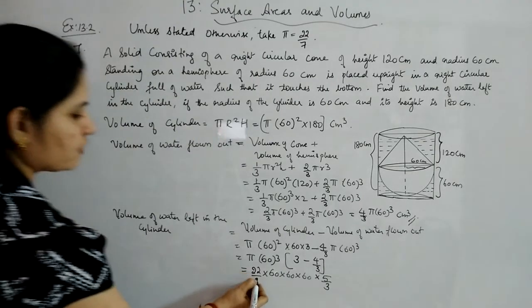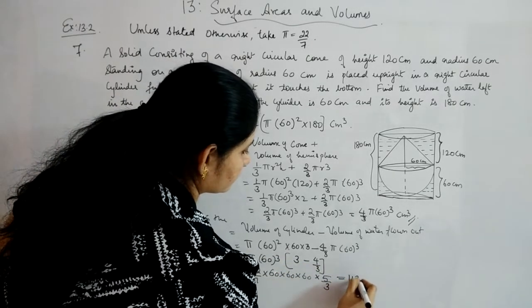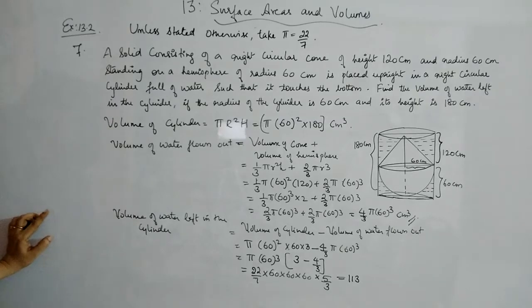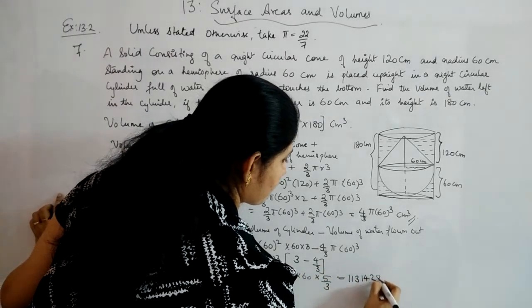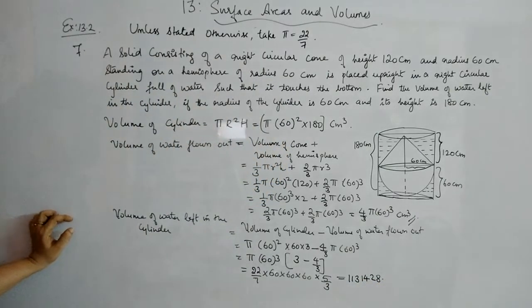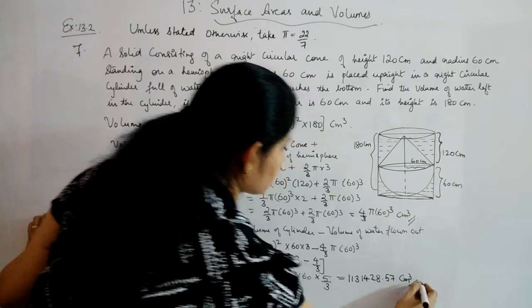So after simplification, you are getting the answer to be 1131428.57, and this much centimeter cubes it is.